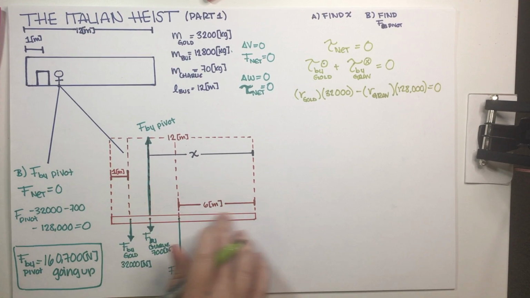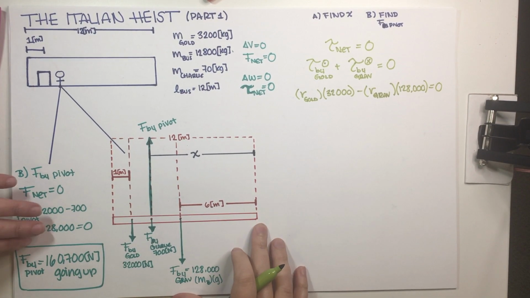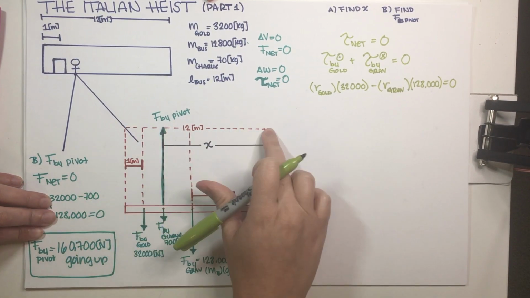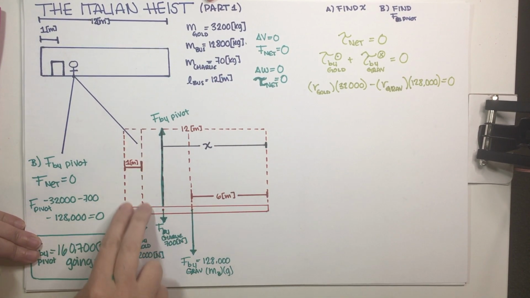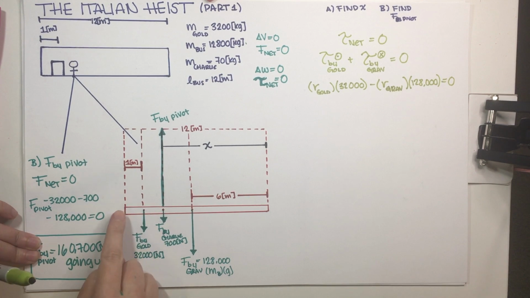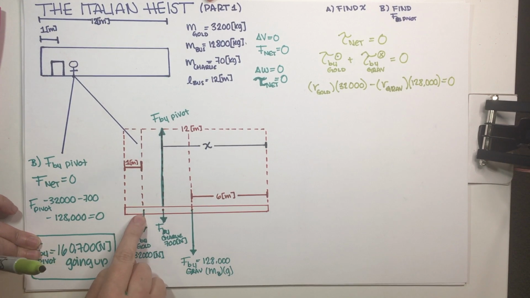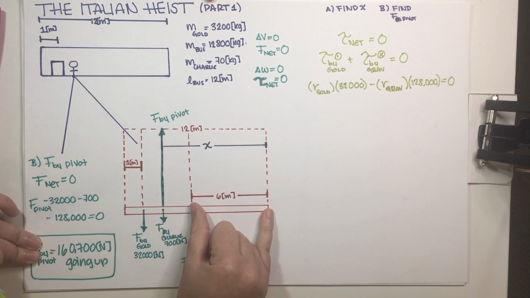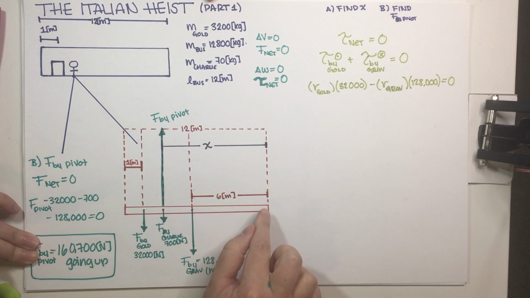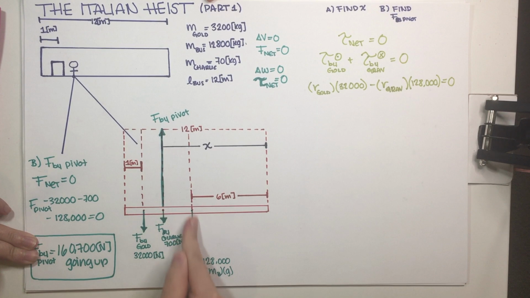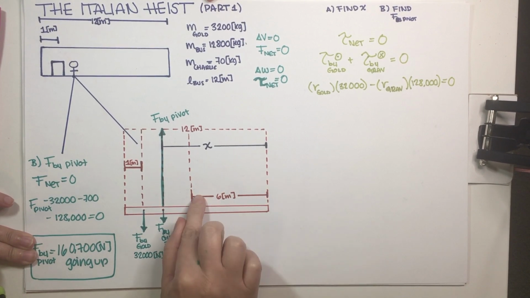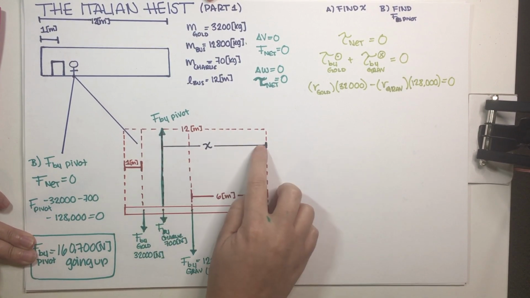In terms of my diagram right here, I have 12 meters total, so this entire thing is 12 meters. This chunk right here is 1 meter, which is the distance from the back of the bus to the Gould. This half right here is 6 meters, because this half of the bus is exactly at the middle. And x was just given to me by the problem.